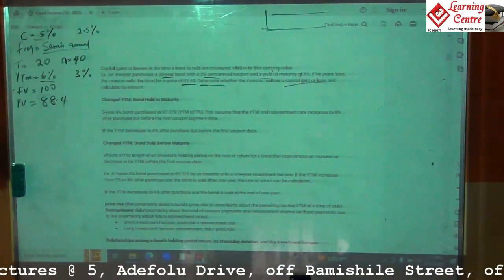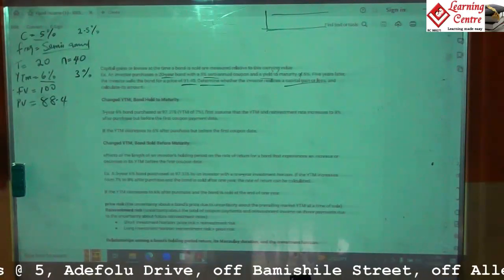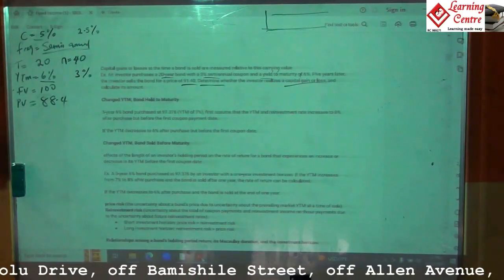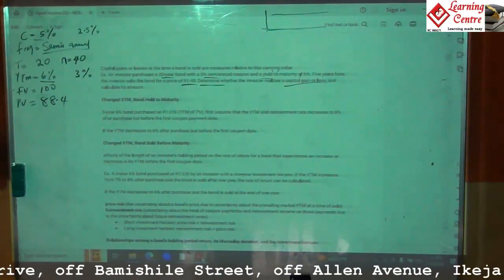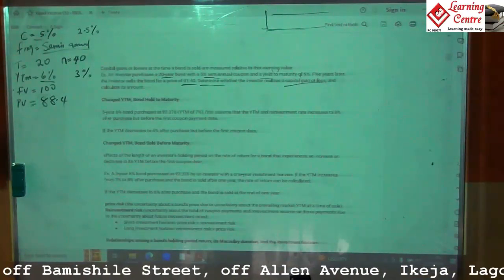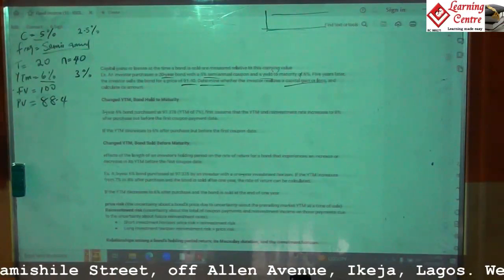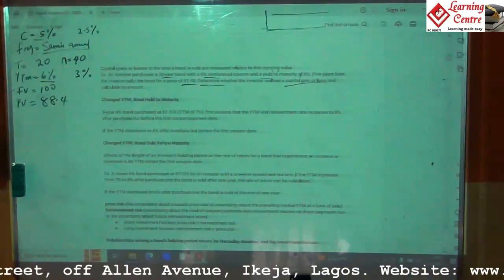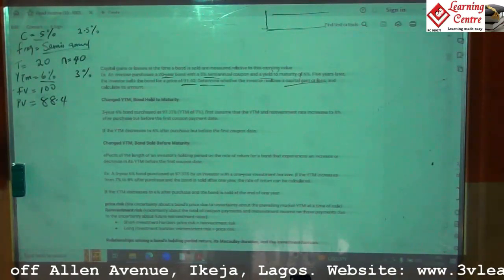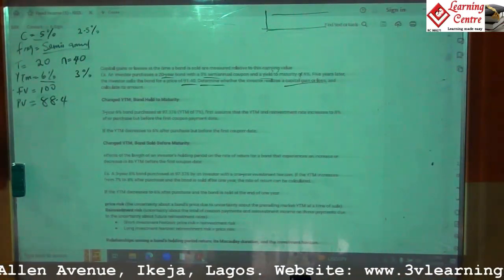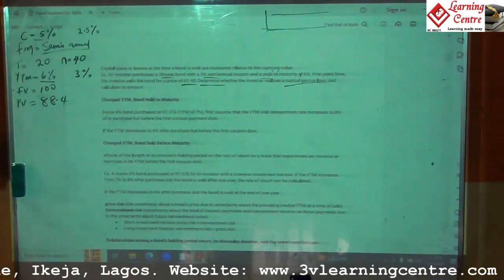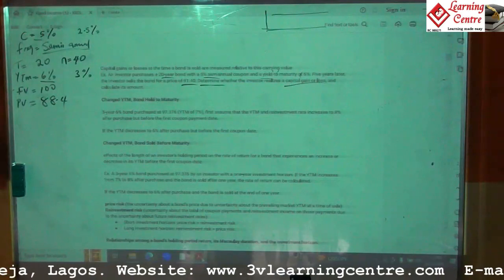So they are saying that instead of changing everything, why don't we change just one? We pay them for 10 years, and we won't pay them for the remaining 10 years.